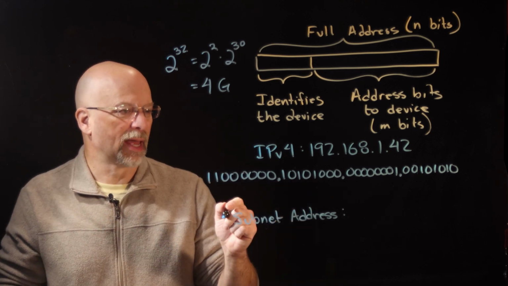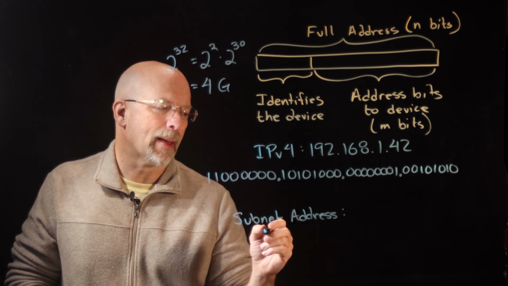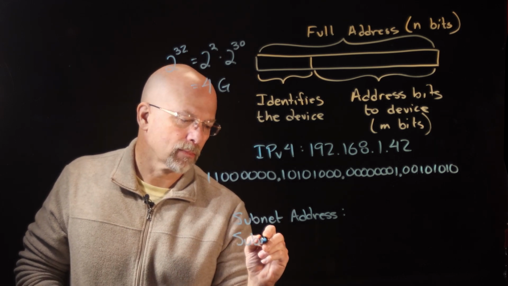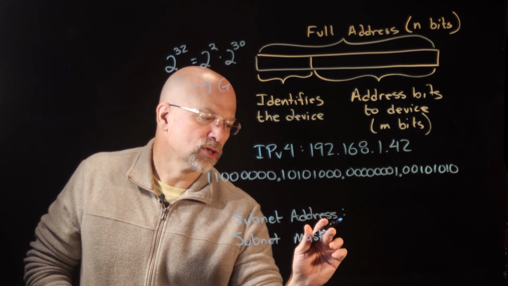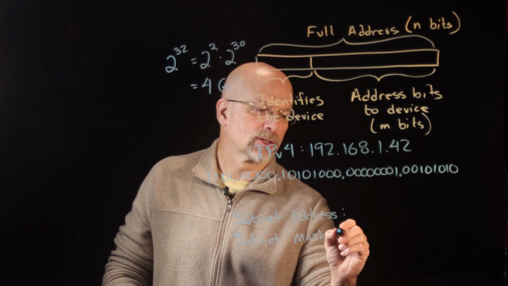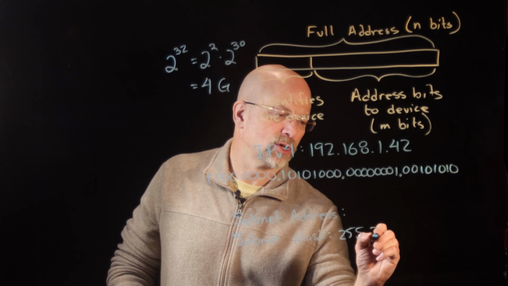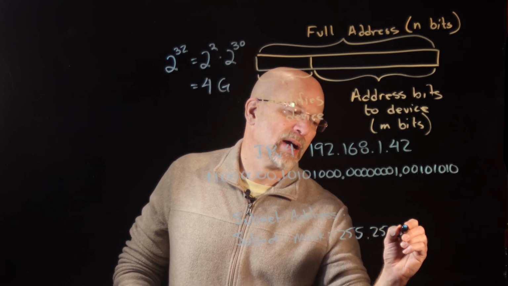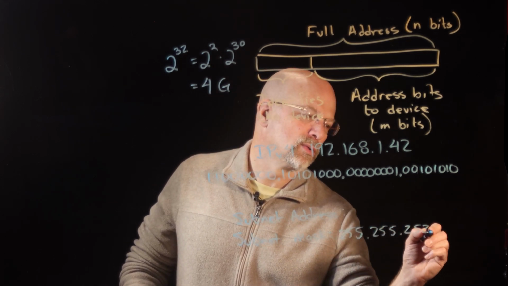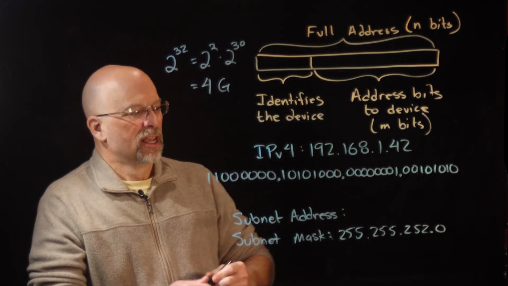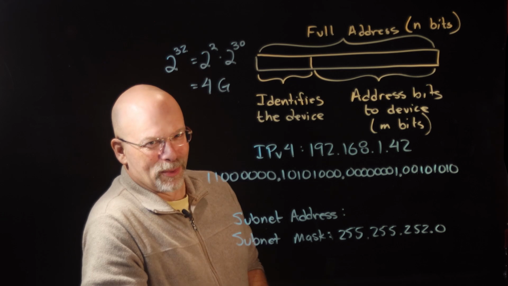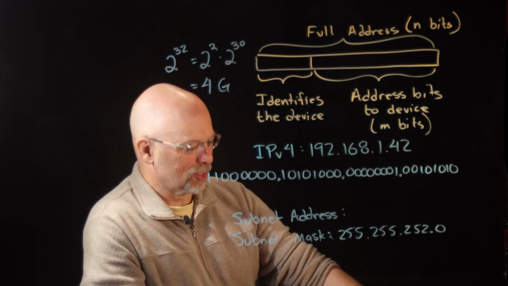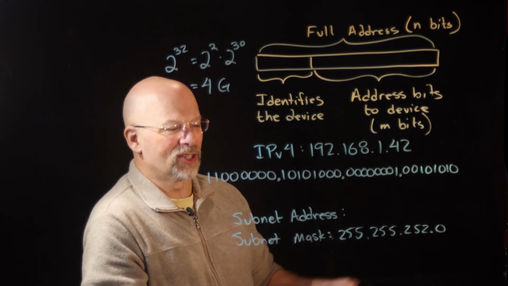Usually, well, always, what is configured on a subnet is something called a subnet mask. Now, a subnet mask usually takes the form of something like 255.255.252.0. Usually it starts out with a couple of 255s. Now, if you're familiar with binary conversion, you know that 255 is all ones in binary.